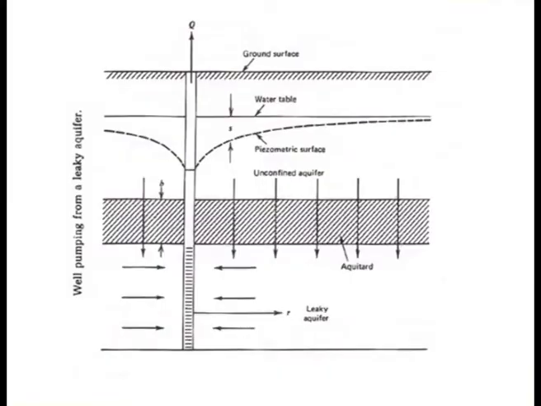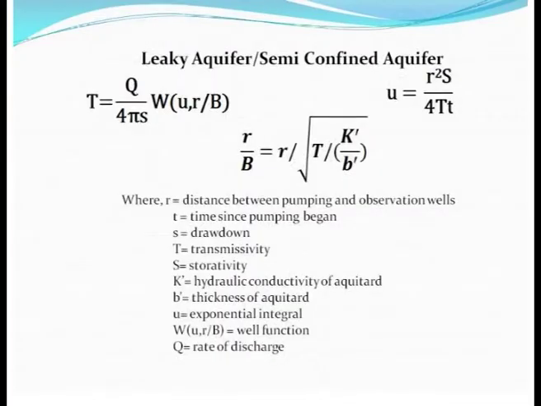Then here the formula by which we can determine T equal to Q upon 4 pi S W(u, r/B). So u equal to r square S upon 4 T t, just like you have seen in the Thies method. u equal to r square S upon 4 T t.